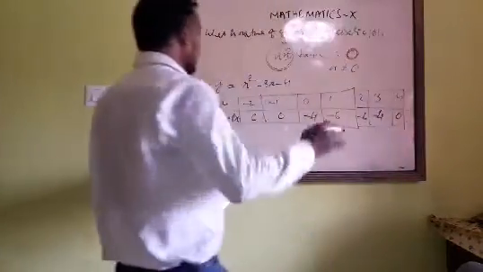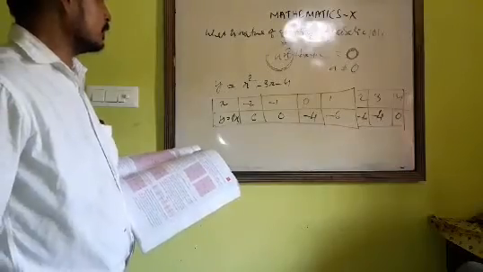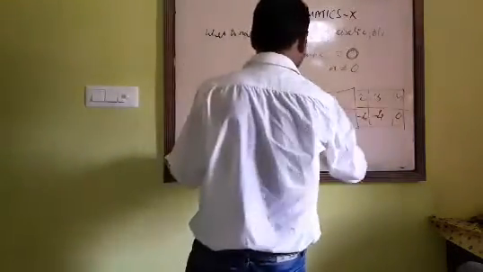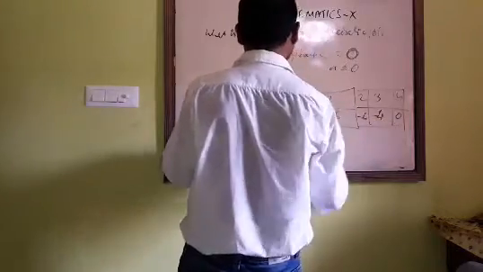So there are two values, that is minus 1 and 4, for which the polynomial becomes 0. So it has two solutions.